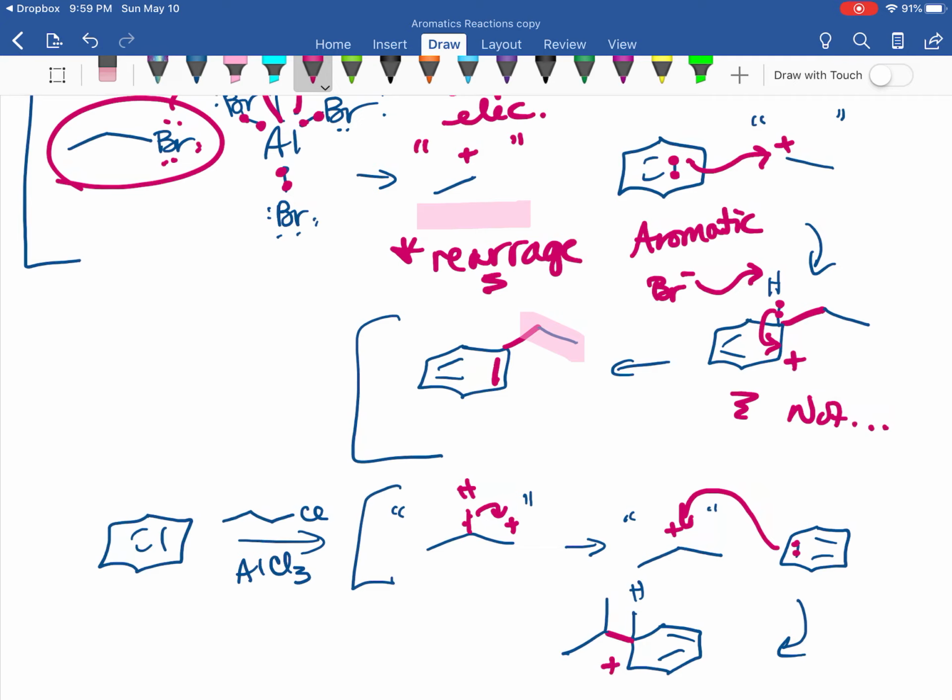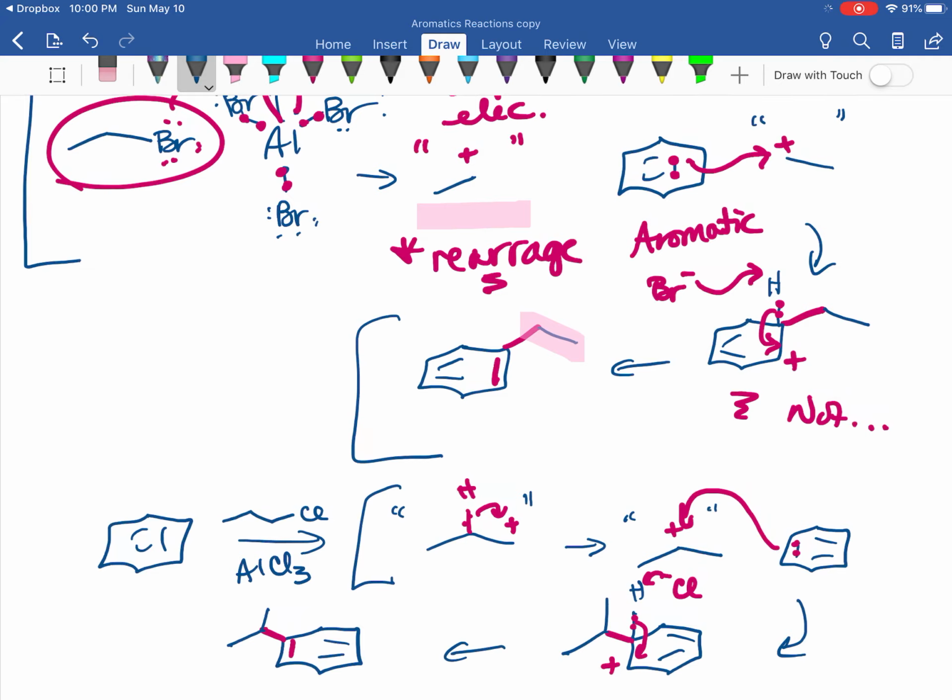Hang on. And then we have to do that ipso elimination. So we'll have something in here. And then now we just substituted onto our benzene. And at the end of that process, we just put an isopropyl on our benzene.